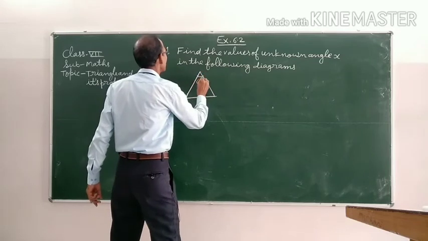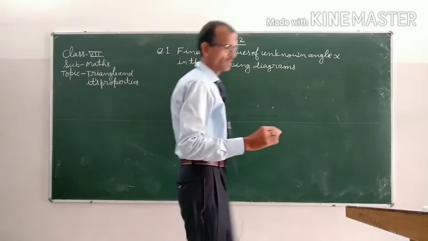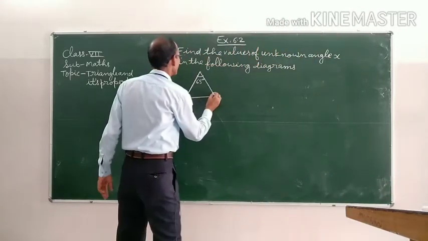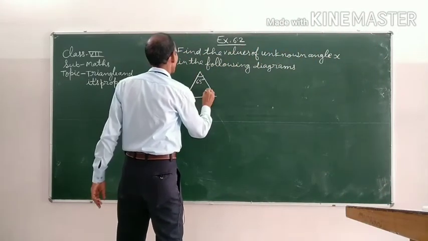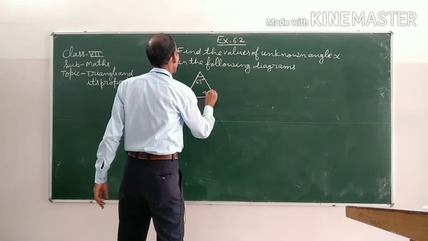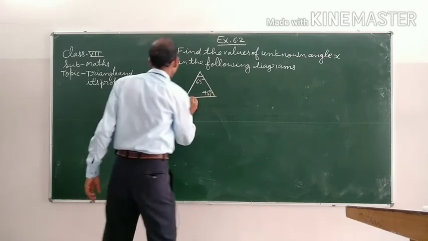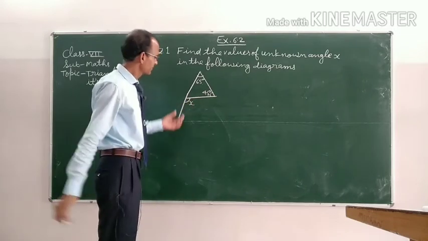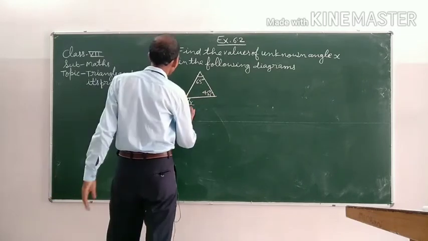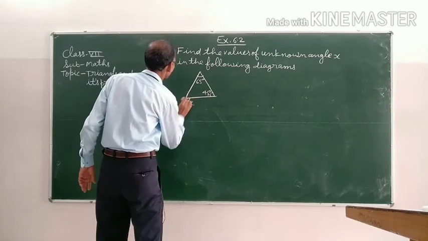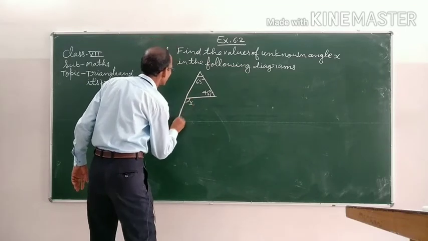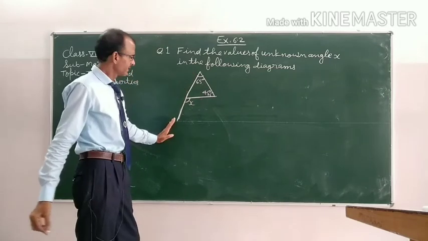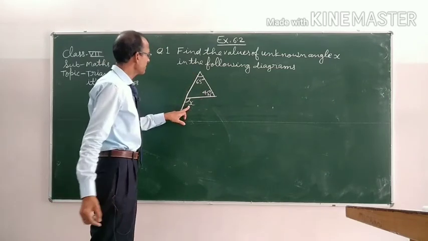This angle is 65 degree. This angle is 45 degree. And this angle is x. Okay? Here, this side of the triangle is produced. Then exterior angle is formed here.